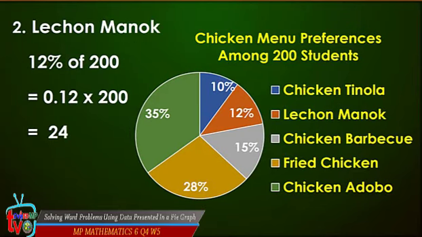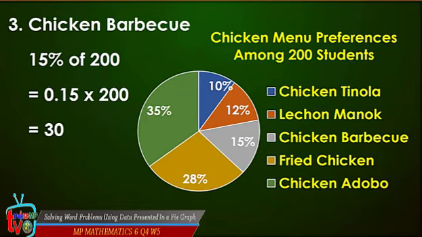Number 2. Lechon manok. 12% of 200 is equal to 12 hundredths times 200 is equal to 24. Number 3. Chicken barbecue. 15% of 200 is equal to 15 hundredths times 200 is equal to 30.